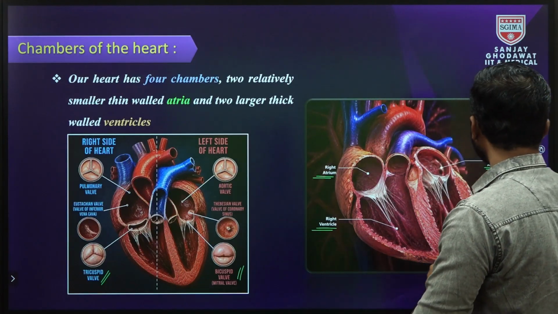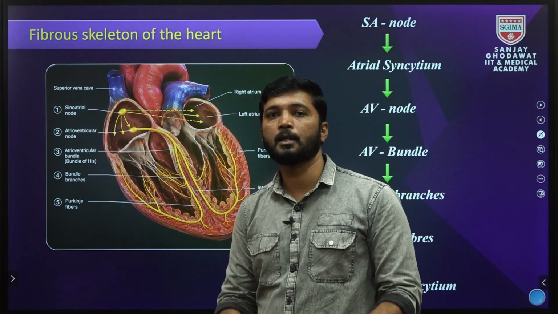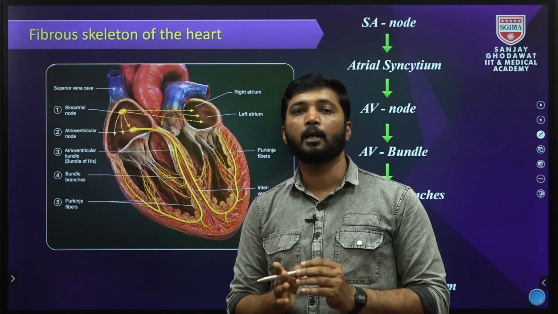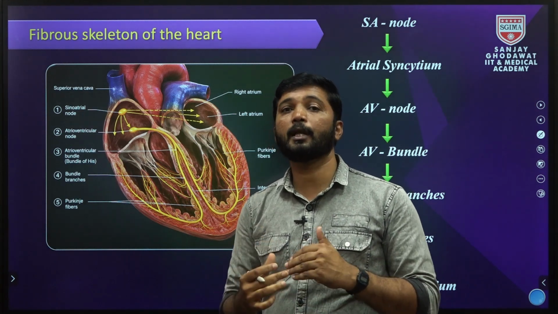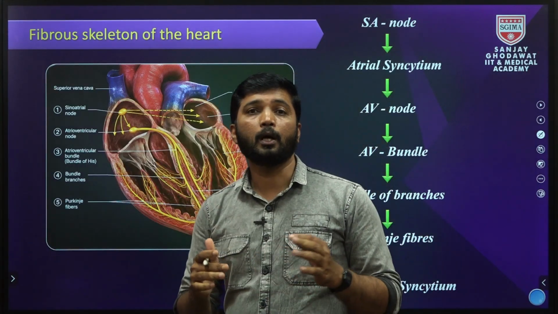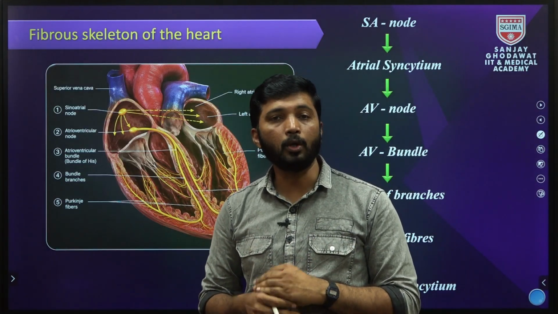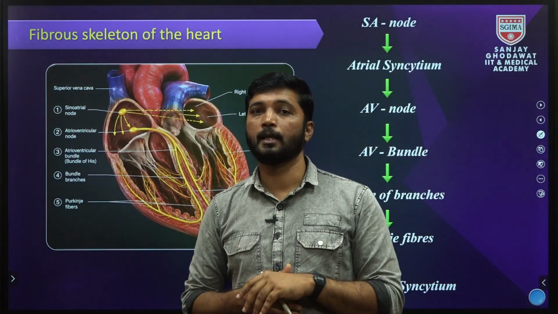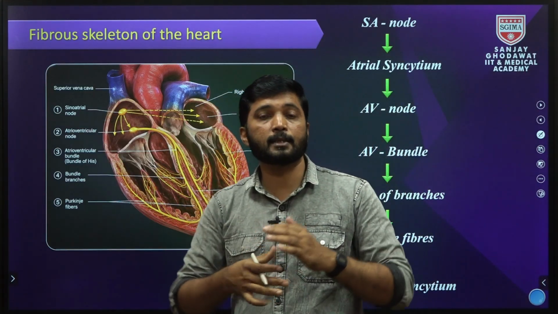These are the chambers. Next we go to the fibrous skeleton of the heart. The fibrous skeleton of the heart is very important for triggering cardiac events, because it includes nodal tissue, a specialized tissue in the heart that can generate action potential.